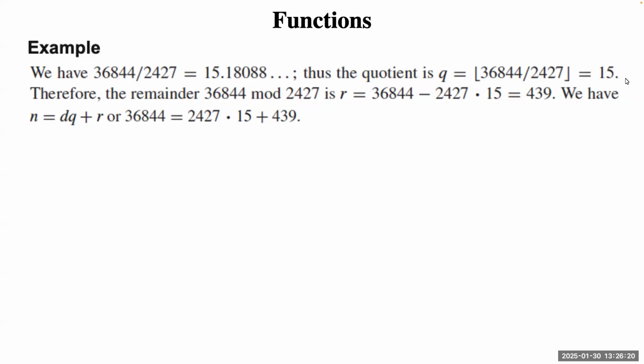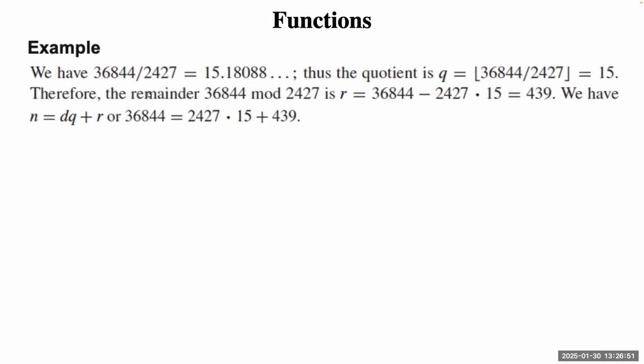So the floor technically does what they call truncating a number. If you take any number with a decimal expansion and truncate it, it just chops off the decimal part and leaves you with a whole integer. So the floor of 36844 divided by 2427 gives you this 15-point-something, but the floor chops everything from the decimal on out, and you're just left with 15.